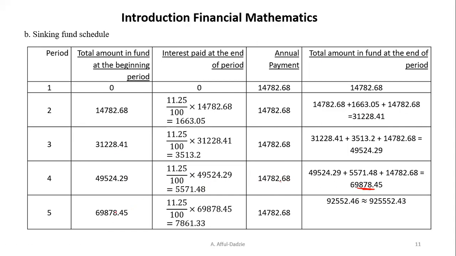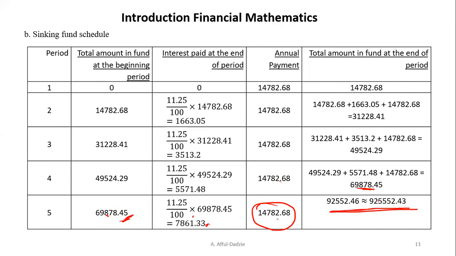Then in the 5th year, this is the beginning of the 5th year. The end of period 4 is the beginning of this. At the end of period 5, interest will be calculated on this amount here. Then we must also make another deposit at the end of year 5, the last deposit. So we add this, plus that, and we have this.